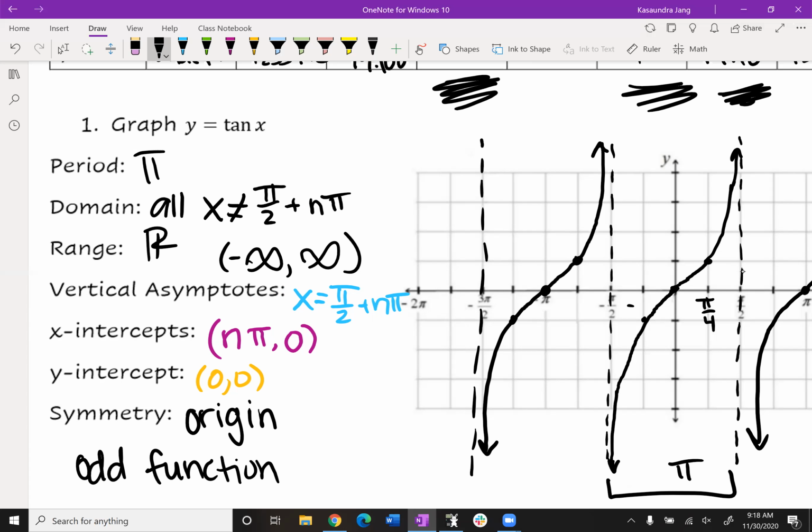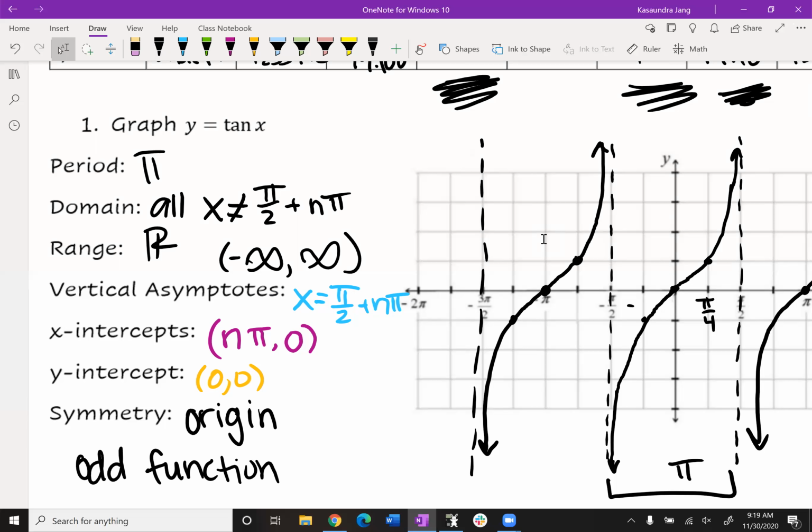This is an odd function in that the fact that it's symmetric about the origin kind of tells us it's an odd function. What would be an even function if you just look at the graph? An even function would be symmetric about the y-axis, like a parabola or something like that.